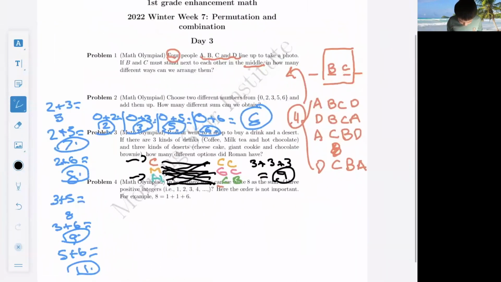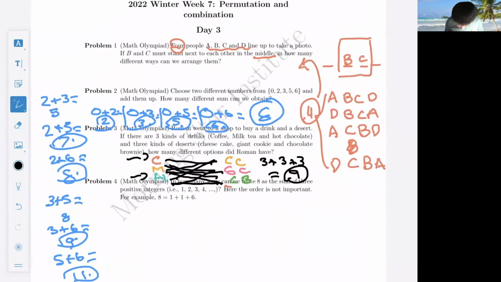Problem number 4. In how many ways can we write 8 as the sum of 3 positive integers? Here the order is not important. We could write 8 as 6 plus 1 plus 1, because if we have a 6 in our choice, then we need 2 more ones, since it asks for 3 positive integers.